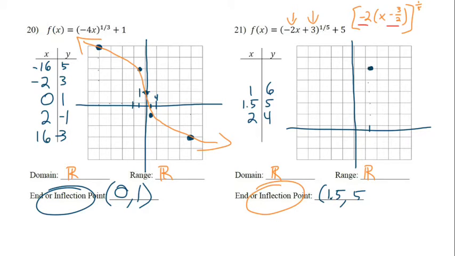Then it's 1, 6, and 2, 4. Oh, there we go. So this graph comes in real steep, goes up, and then goes out real steep. Okay? So that's what's going on with that one. I don't think we're going to give you one like that on a test, but hey, it was good to see. Good luck to you.